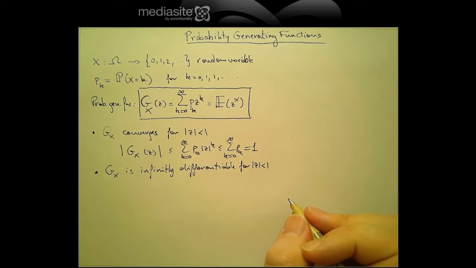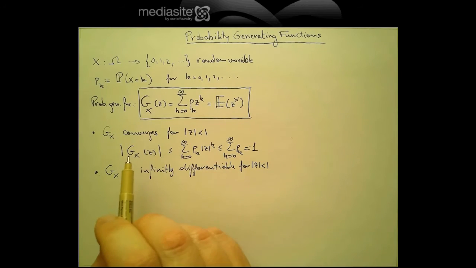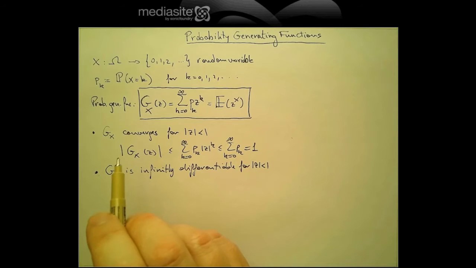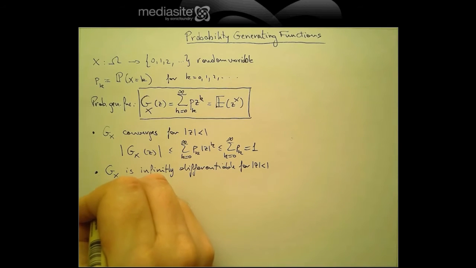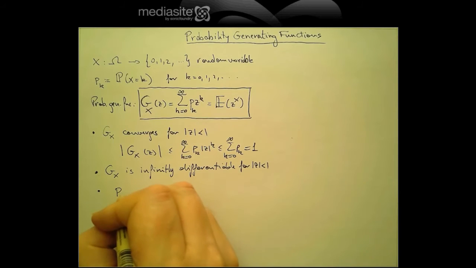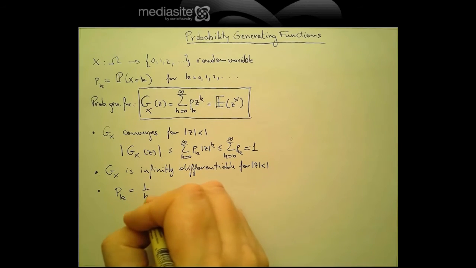And when you take the derivatives and evaluate them at 0, you recover what are called the Taylor coefficients, and the probabilities p_k are exactly the Taylor coefficients.